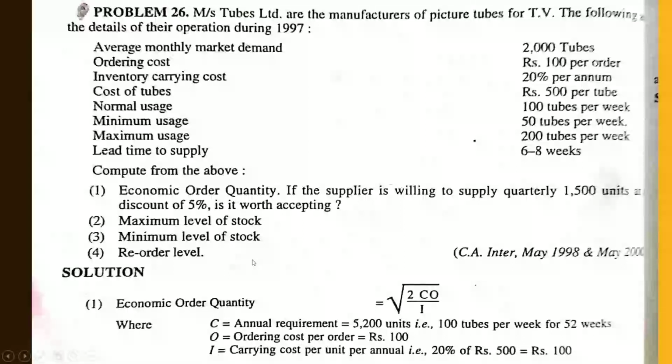So this is the question. First of all, we should calculate the economic order quantity, root over 2CO divided by I. Annual consumption is how much? The average monthly demand is 200 tubes. Again, you see how many tubes you have to order.